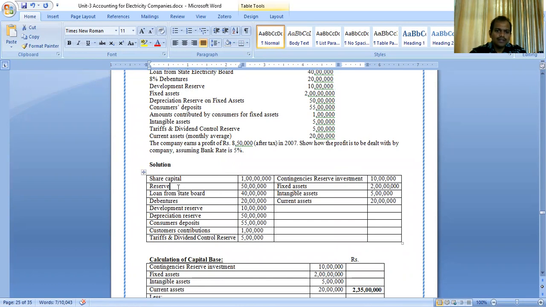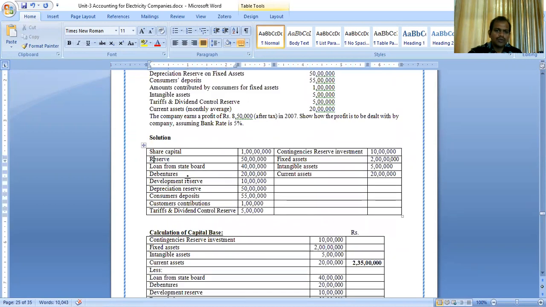If the problem mentions that general reserve is invested in some other securities, and at the same time the contingency reserves are also put as investment in other securities, then they will get income on that reserve.